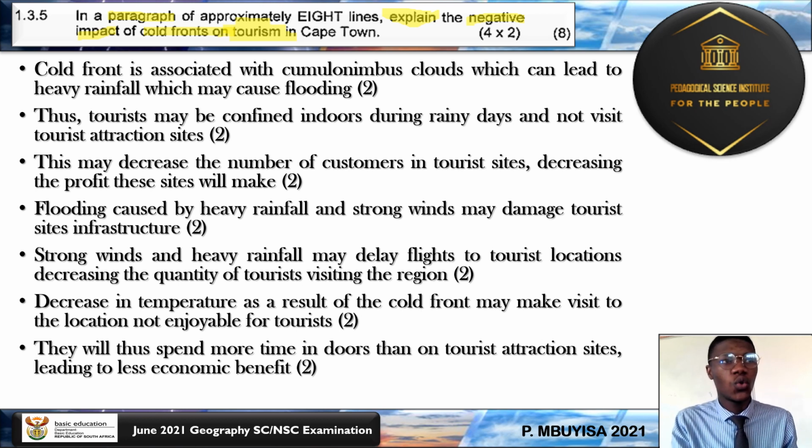Otherwise, you are going to lose marks. Always ensure you follow the instructions so you get marks, to avoid losing marks unnecessarily. So those are some of the negative impacts on agriculture of mid-latitude cyclones, or of a cold front that is associated with severe rainfall and cold conditions.